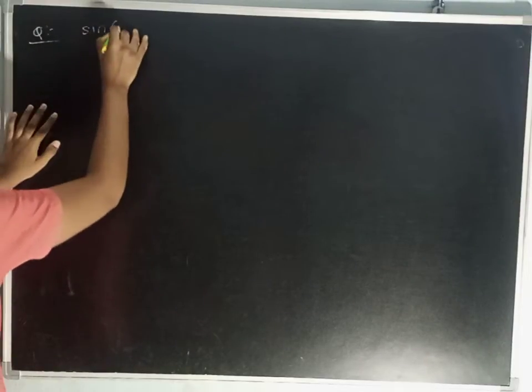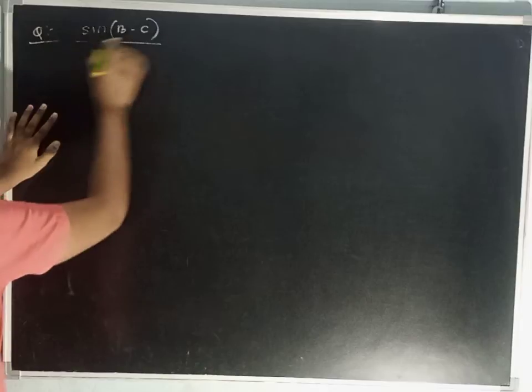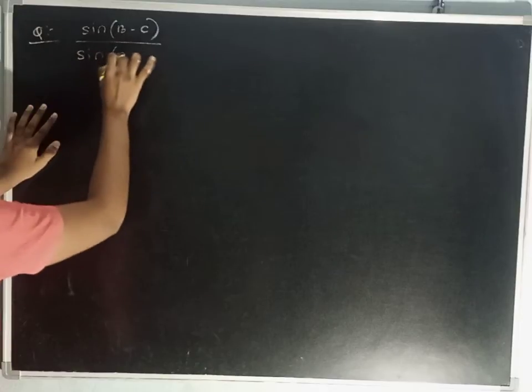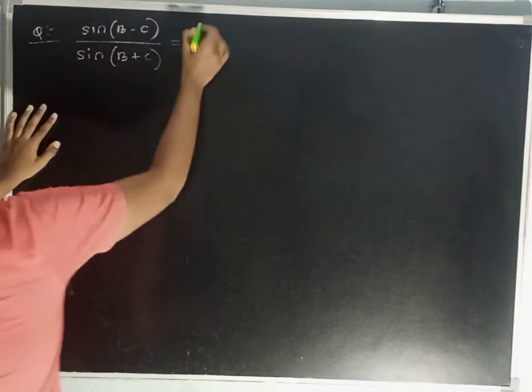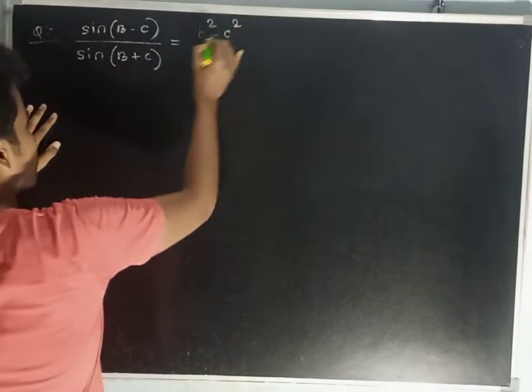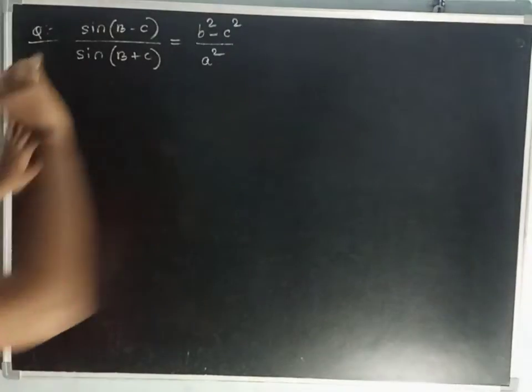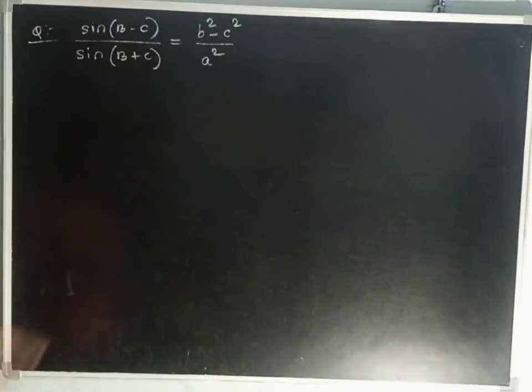Here is another question: sin(b - c) by sin(b + c) is nothing but (b square minus c square) by a square. This is what we have to prove.